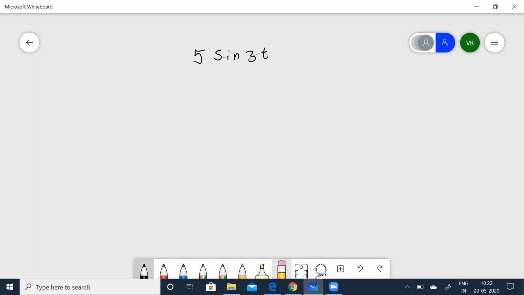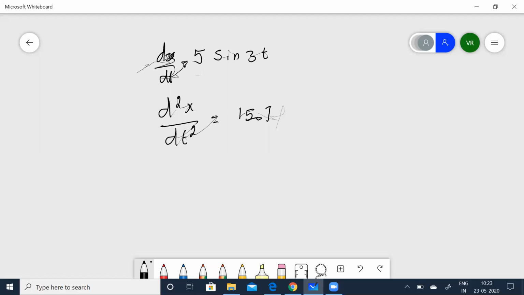So there it was catchy. Read the question properly. It is given as dx by dt, that is the velocity, given by 5 sine 3t. Now, when you differentiate velocity, you'll get acceleration, right? So d squared x by dt squared: when I differentiate, I'll get 15 cos 3t.